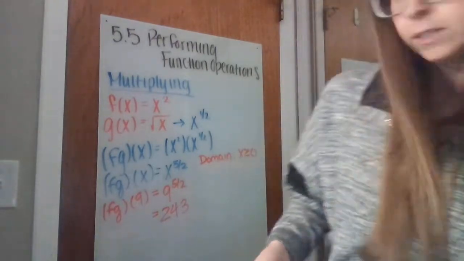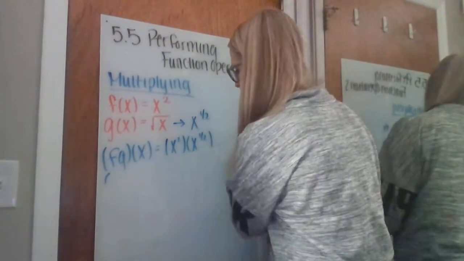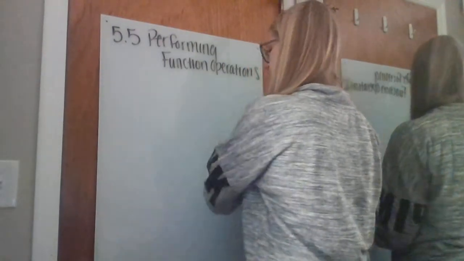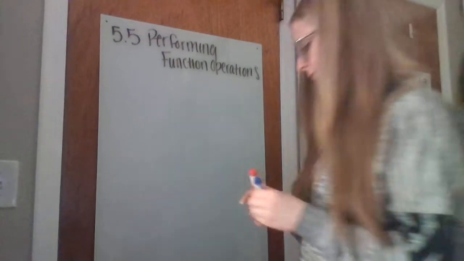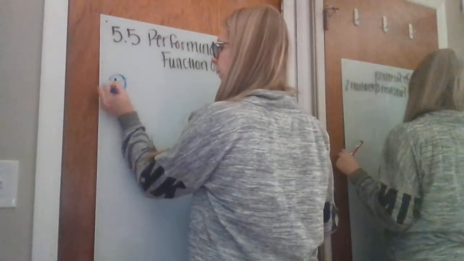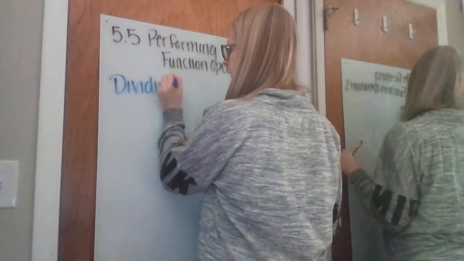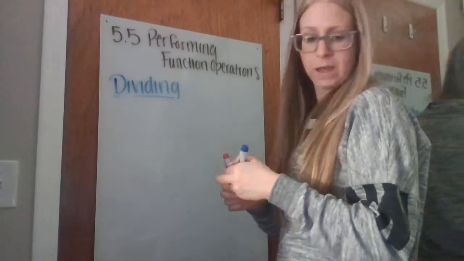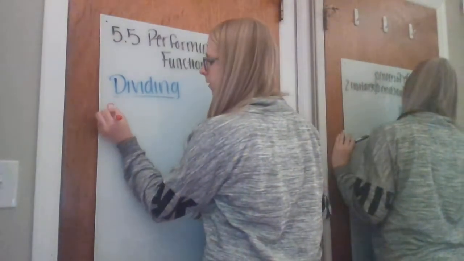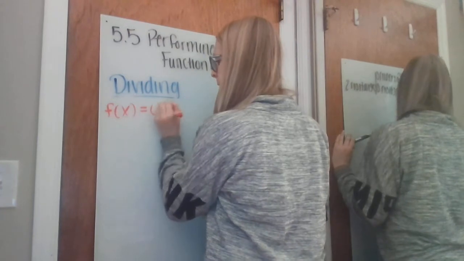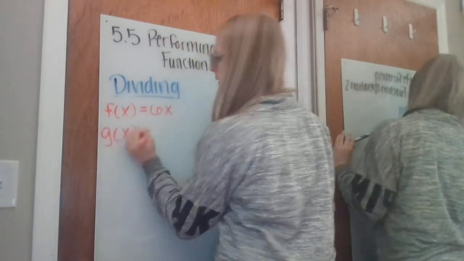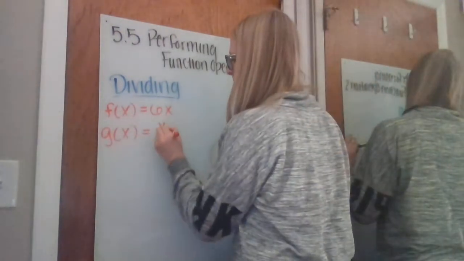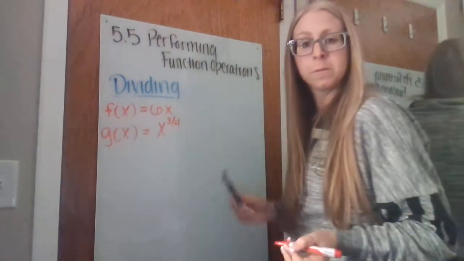Last one, dividing. Okay, dividing. So if I give you f of x equals 6x, and g of x equals x to the 3/4, right?